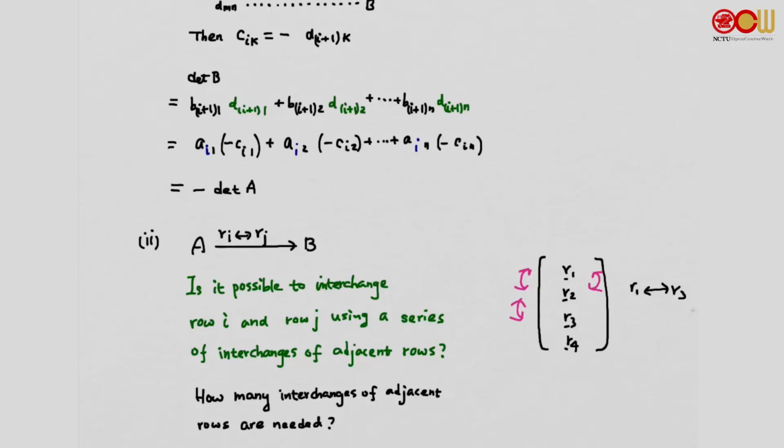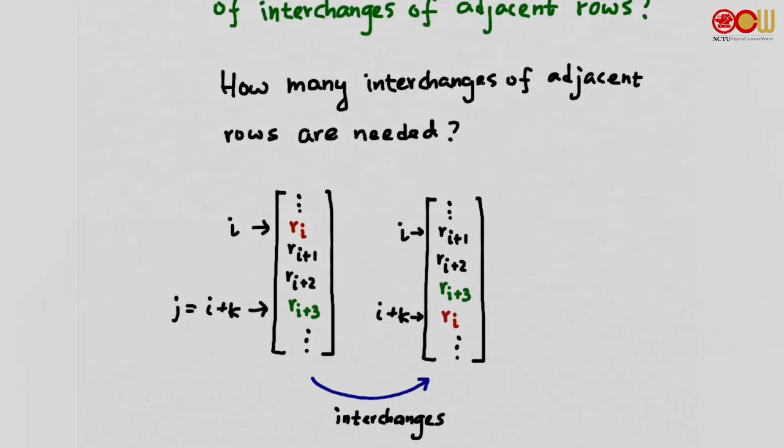Now, if we want to consider the general case, then we need to know how many interchanges of adjacent rows are needed if we want to interchange row i and row j. Pause and think about this. Suppose we have a matrix here, and we have a row i here, row i+1, all the way to row j.